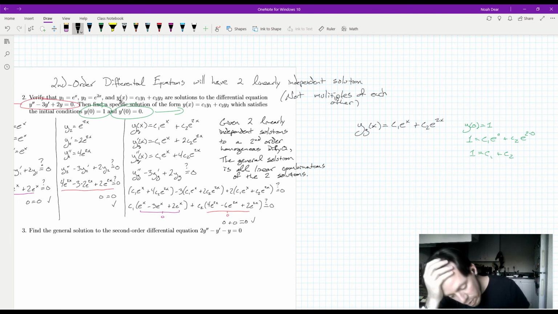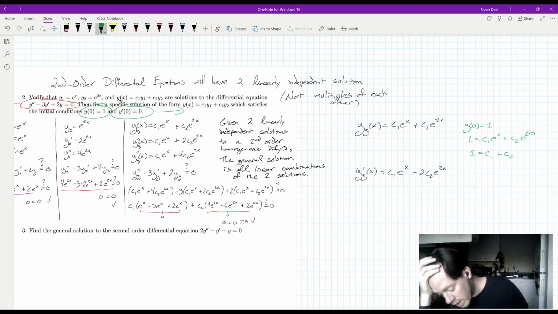Now I'm going to take the derivative of the general function, y sub g prime. We've already done that on the left, but I'll just copy it down for our purposes here. y sub g prime of x equals c1 e to the x plus 2c2 e to the 2x. And we'll plug in the initial condition y prime of 0 equals 0.